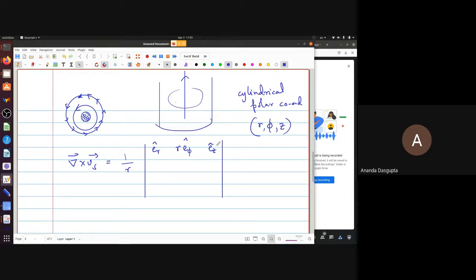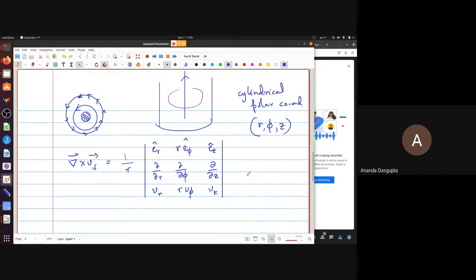So it's very similar to the Cartesian formula for the curl, except that there are slight differences here. You have del R sitting here, del phi sitting here, del Z sitting here, just like del X, del Y, del Z. And then the difference is here you have V_R, R V_phi, and V_z.